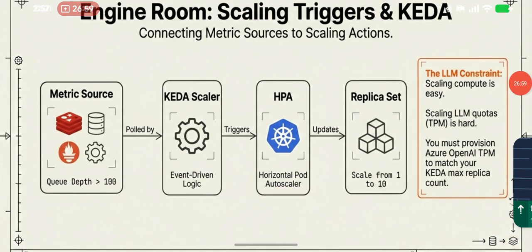Okay. So scaling happens based on external factors and internal factors. External factors are how many requests are coming in the queue. Kubernetes uses event-driven logic in the scaling.